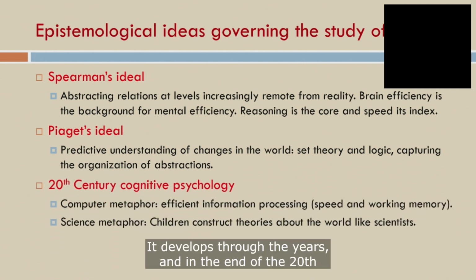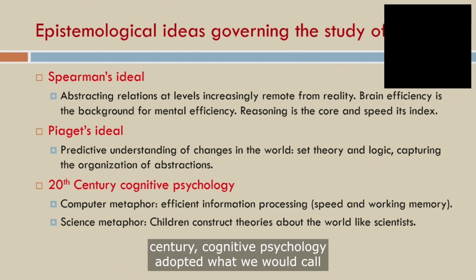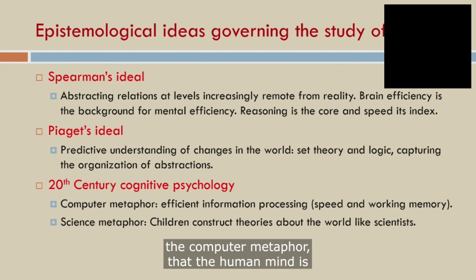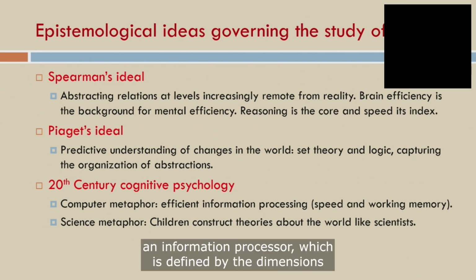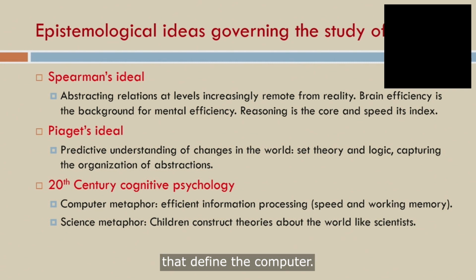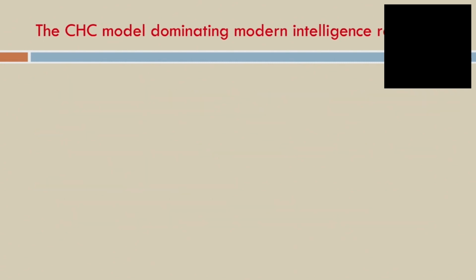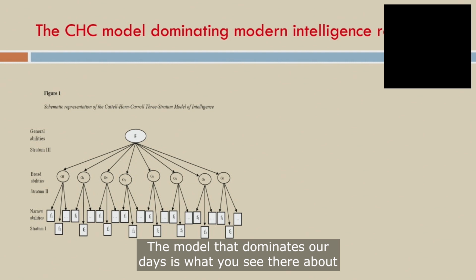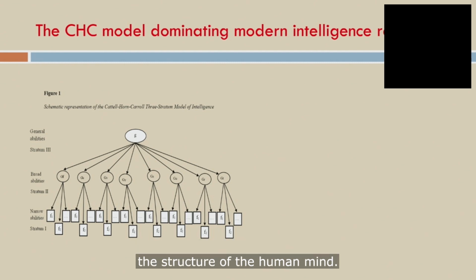It develops through the years, and in the end of the 20th century, cognitive psychology adopted what we would call the computer metaphor, that the human mind is an information processor, which is defined by the dimensions that define the computer. The model that dominates our days is what you see there about the structure of the human mind.